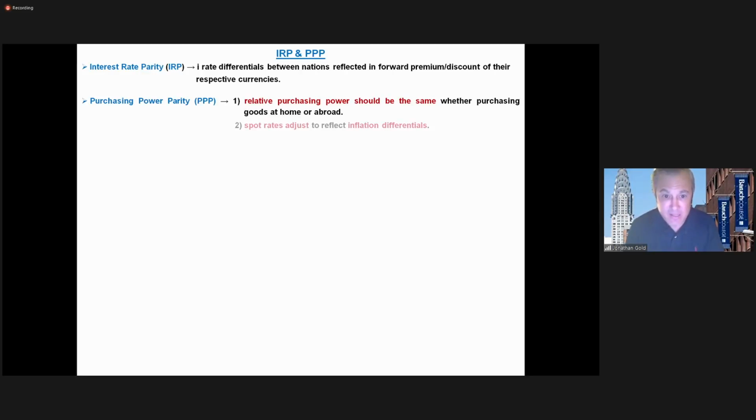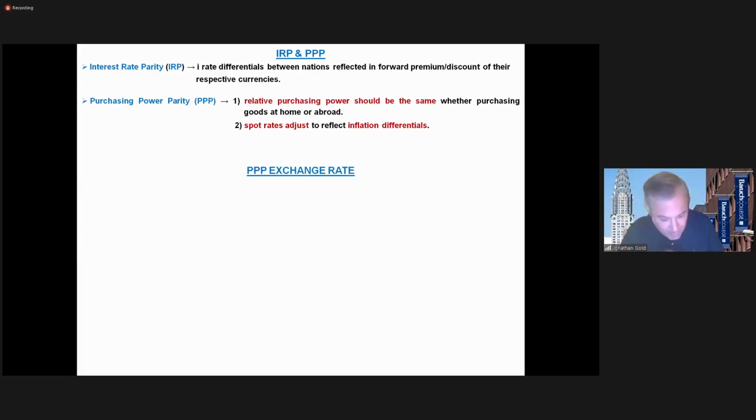And that spot rates adjust to reflect inflation differentials. So interest rate parity is with regard to interest rate differentials reflected in the forward premium or discount of their currencies. And purchasing power parity tells us that relative purchasing power should be the same. So whether you're buying a Big Mac in the US or you're buying a Big Mac in Paris, New York or Paris, basically the price should be exactly the same, right?